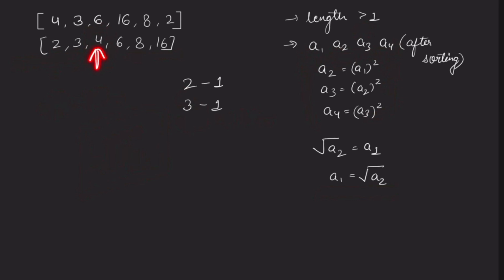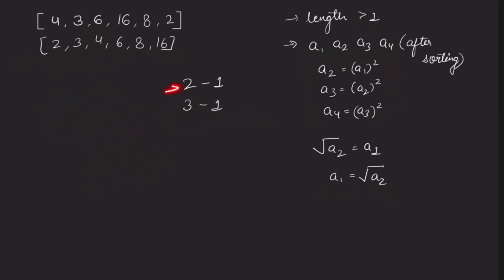So if you see, 4 is a perfect square, which means it can be a part of a subsequence as an element in between, other than the first element. It can be the first element also, but it can be these elements also. Now what is the square root of 4? That is 2. Is 2 already present in your array? Yes, it is present.